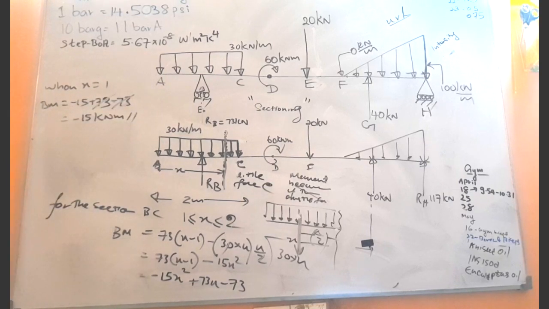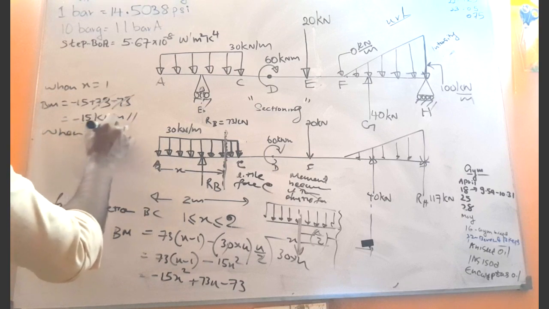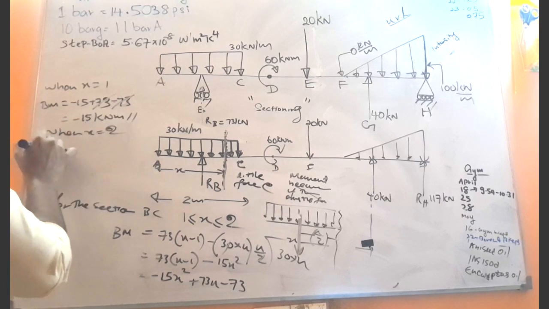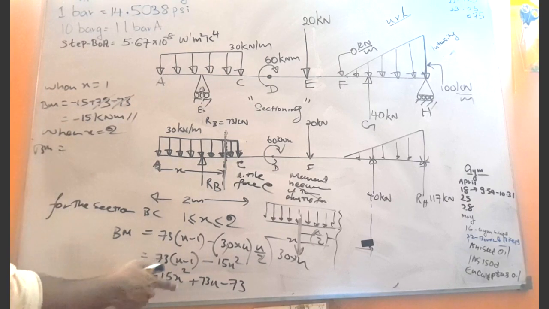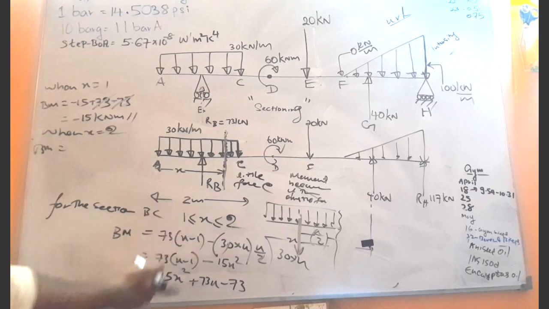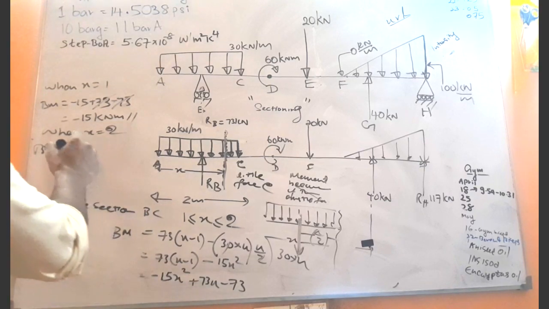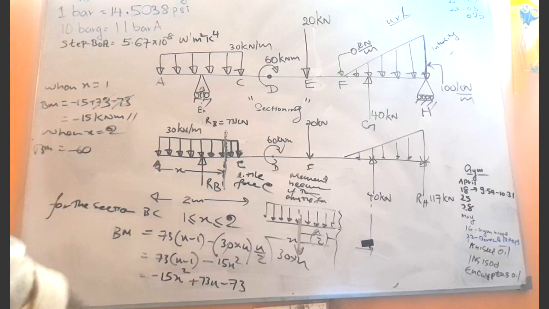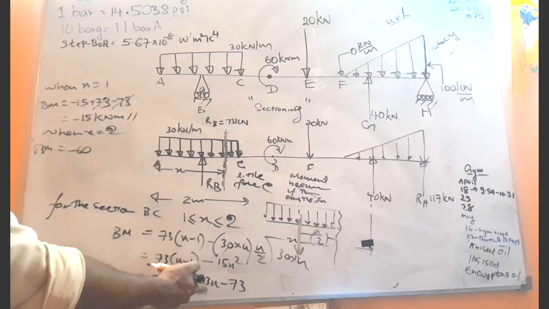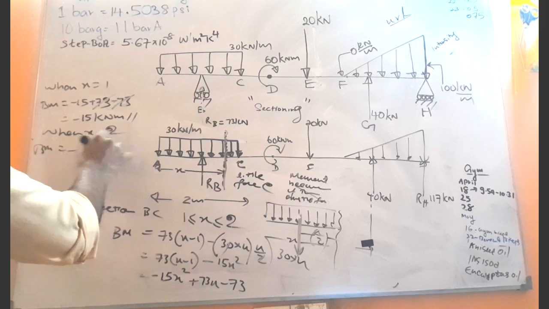Is it correct? Yeah. When x equals 2, the bending moment will be, what is 2 squared? Be very careful about the calculation. Minus 15x squared, 2 squared is 4. 4 into 15 is 60, right? So minus 60. 73 into 2 is 146, right?